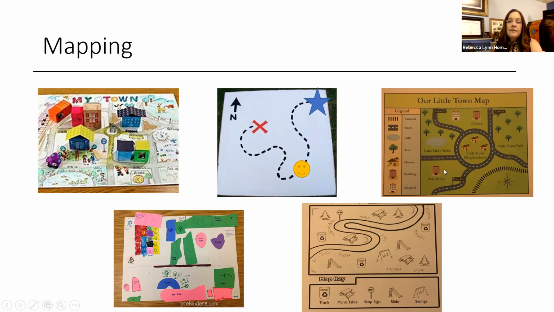We have the pre-made maps, our little town map, where we can start talking about map keys and asking our students to look at the key and find that picture within the map, and then using a representation of themselves of how they would travel from the post office to the library.